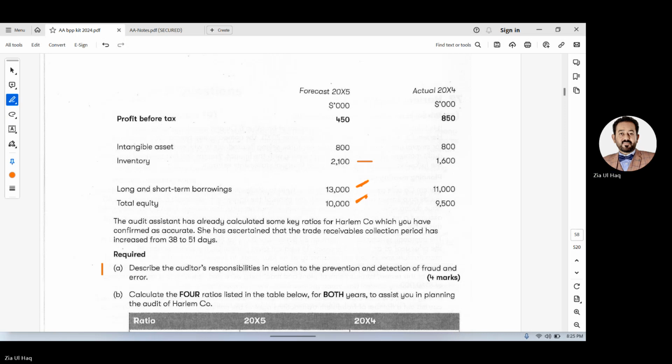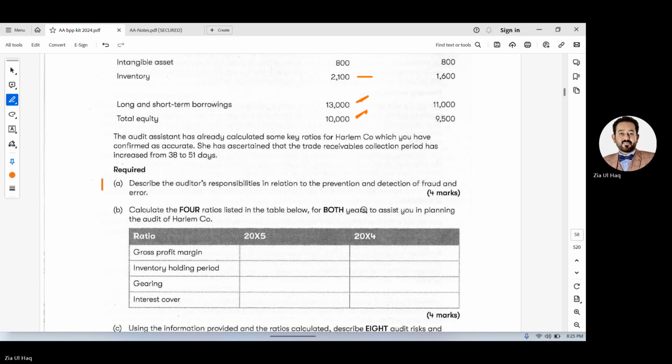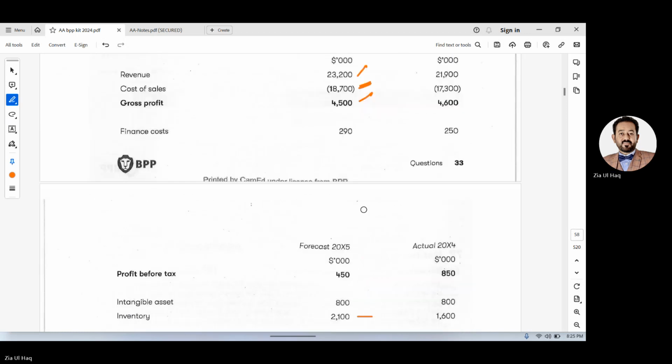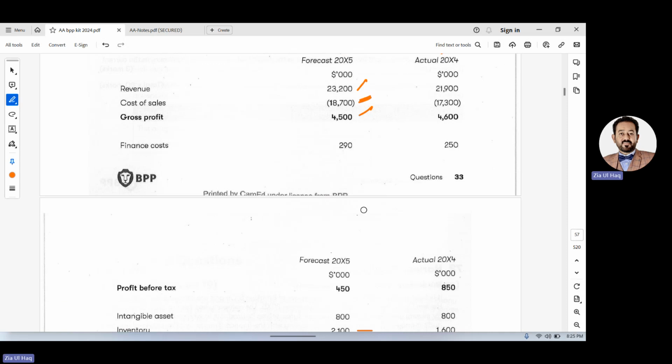Good. Going towards cash flow, there are going concern issues. And you need to calculate the interest cover ratio. How to calculate interest cover? PBIT, profit before interest and tax. You have profit before tax, not before interest and tax.